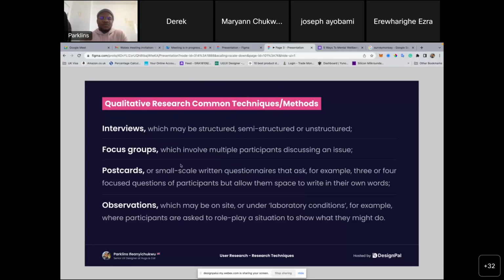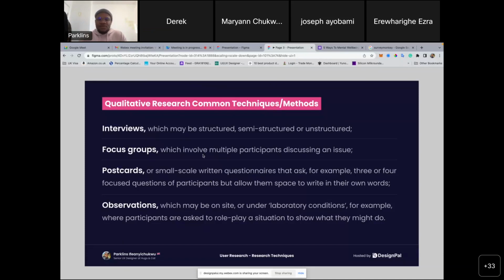Focus groups are a type of user research that involves multiple participants, where a small group of people discuss an issue and you try to brainstorm. It's like brainstorming sessions with small groups, discussing certain things and finding out details about them. It's very popular in workplaces, when you're brainstorming about a particular subject matter.